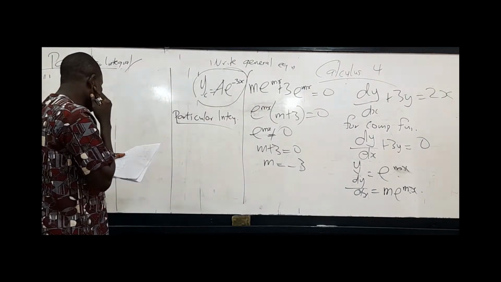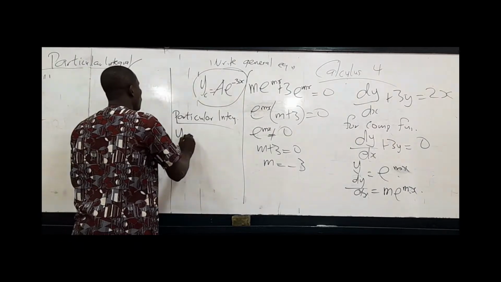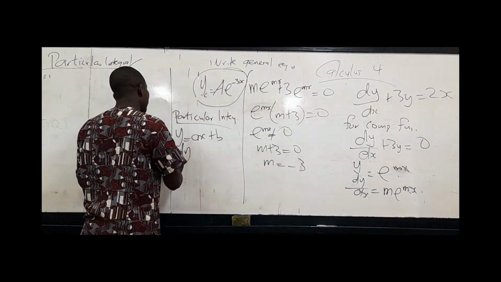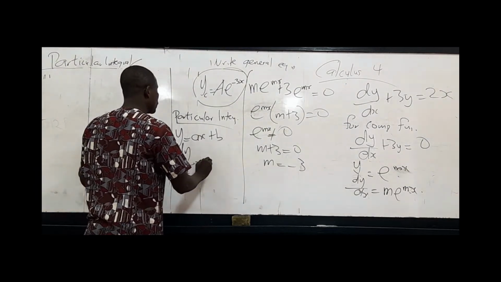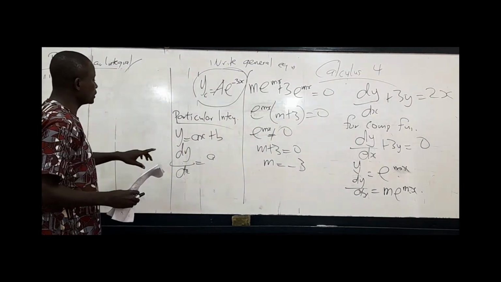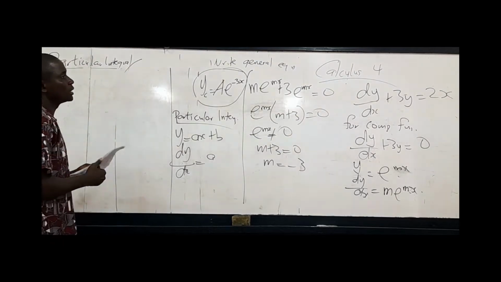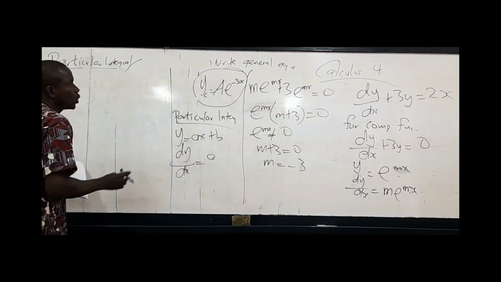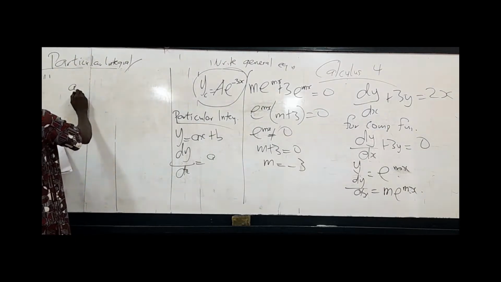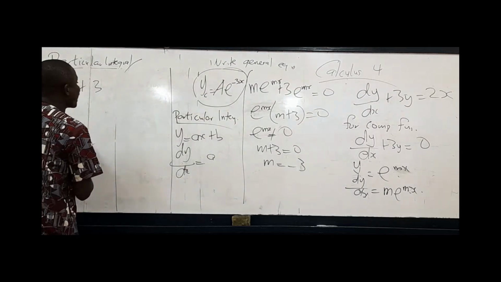We said y is equal to ax plus b, so dy/dx is equal to a. Once again, I'm going to put this information back into the original equation. This time, the 2x should be there. So in place of dy/dx, I'm having a, plus 3 times y, where y is what?